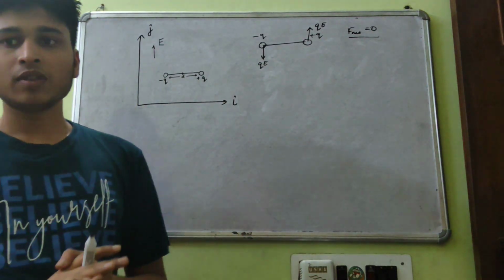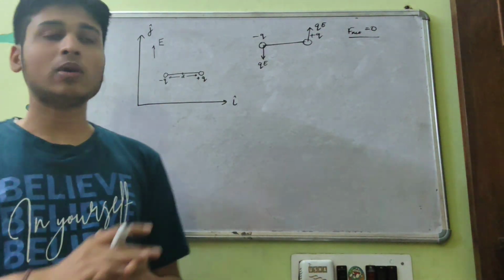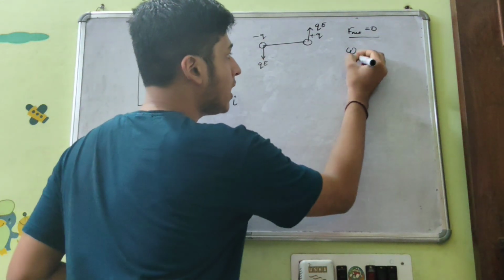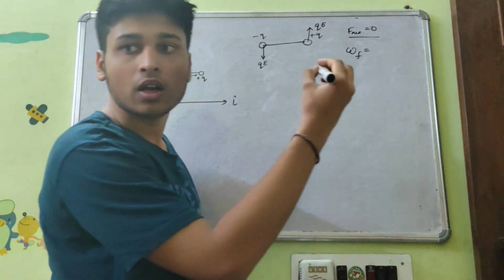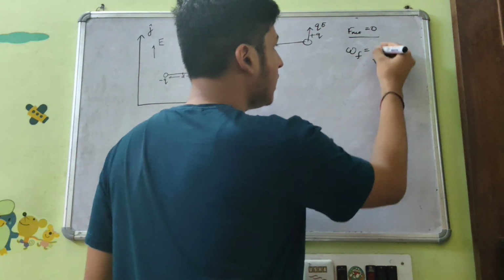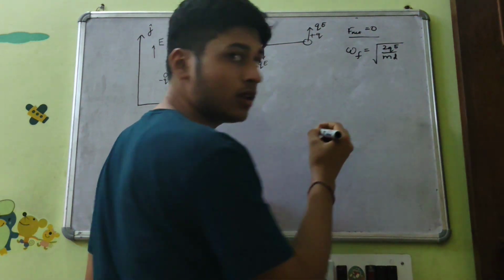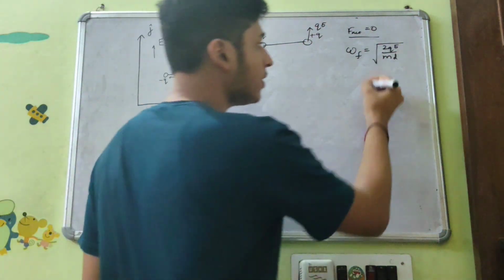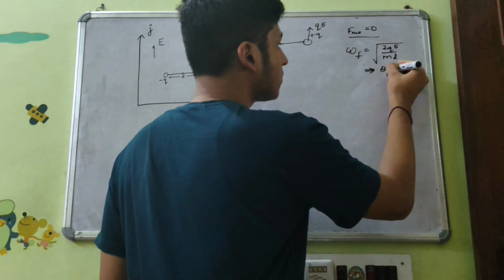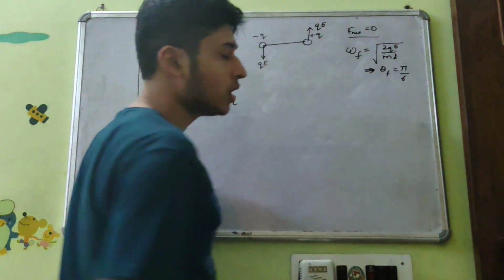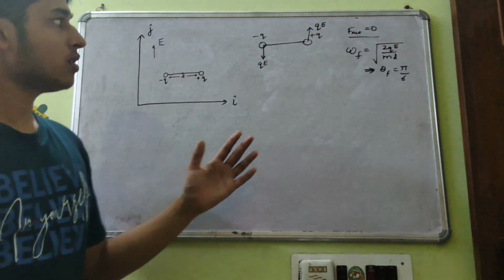Option B is if the magnitude of the final angular velocity omega f is under root 2 QE by md, then it implies that theta f is pi by 6. This is option B. So let's check it.